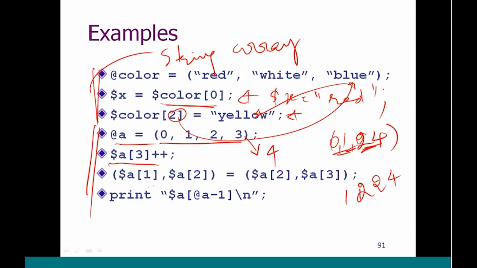And then if we print $A ampersand A minus 1, it prints number 4, which is the last element of the array. That's because $A denotes the current array, and ampersand A is the number of elements of that array, which is 4, and then we subtract 1 from that.